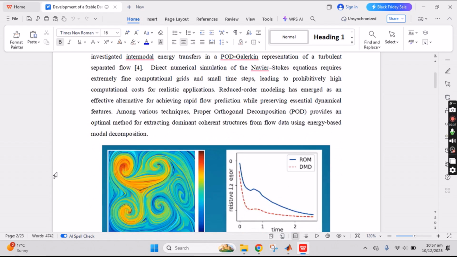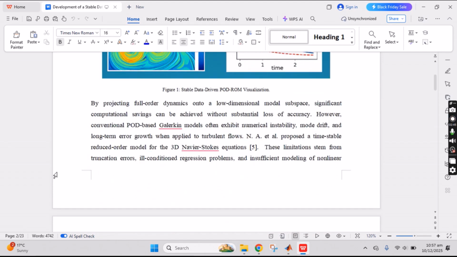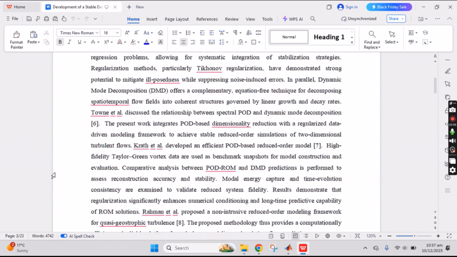Okay, so this is the stable data-driven POD ROM visualization, and the 3D Navier-Stokes equations provide us the time stability and reduce the order of the model. Okay, and this one is also in the introduction.